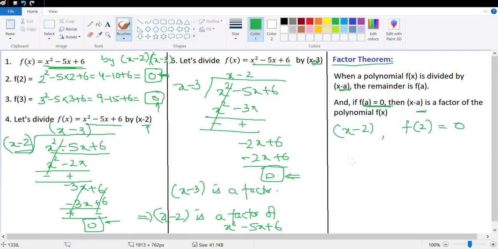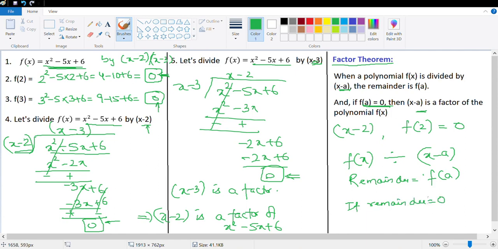It says if a polynomial is divided by x minus a, then remainder is equal to f of a. And if remainder is 0, then x minus a is a factor of the given polynomial. Perfect. Let's go ahead and solve some questions. Maybe the concept will become even more clear.